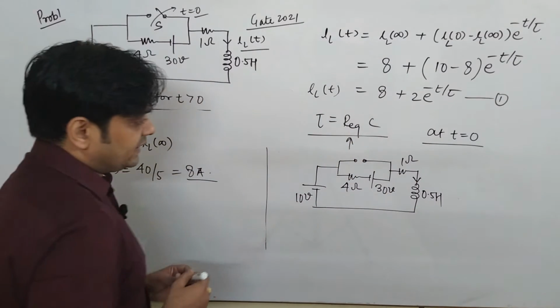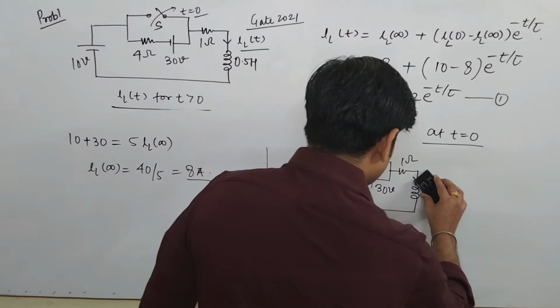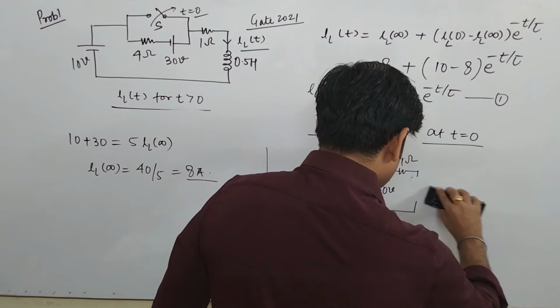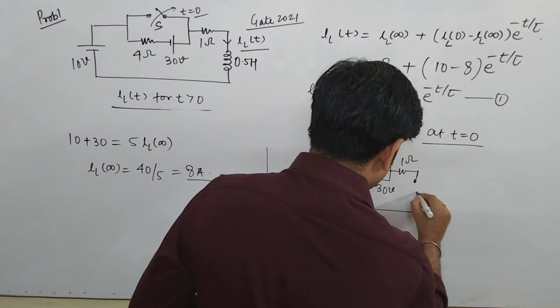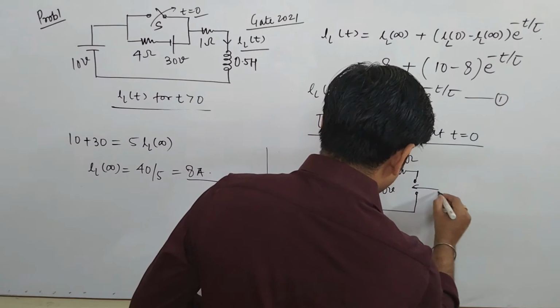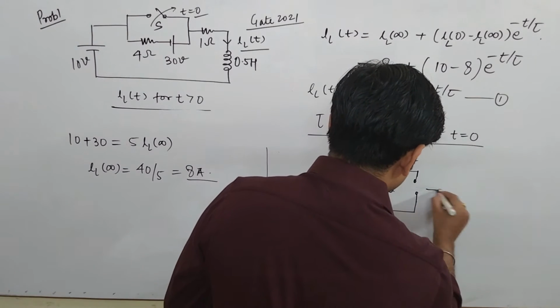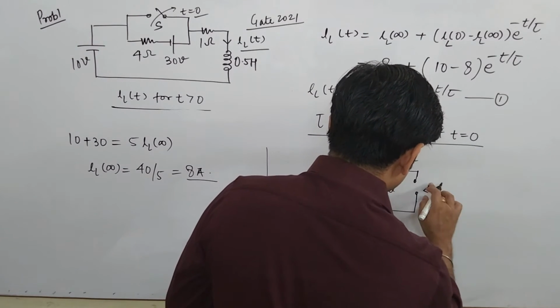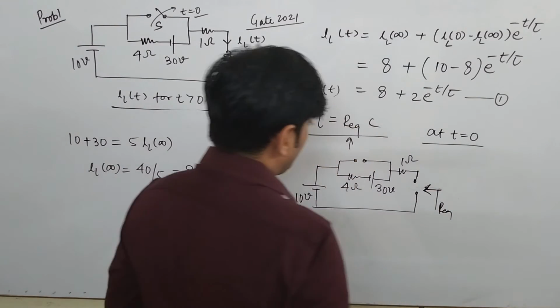Okay, so as I said, for finding out the equivalent resistance, we have to find it across this. So you will remove this, and when you are looking from here, you have to find this R equivalent.